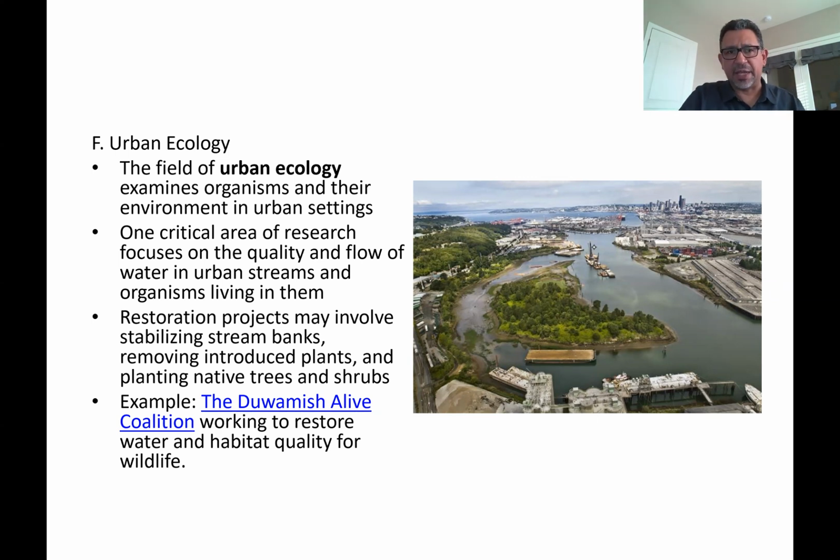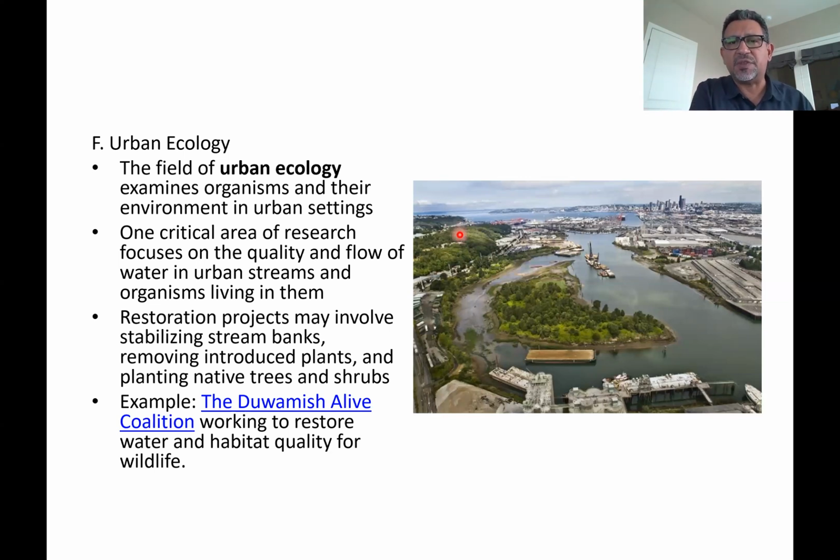One of the examples I can tell you about is the Duwamish Alive Coalition, which has been working for decades now in restoring or helping improve the quality of the water in the lower Duwamish watershed. This here is the Duwamish Greenbelt, and South Seattle College is over here off to one side. This is the largest continuous green belt in the Puget Sound area.